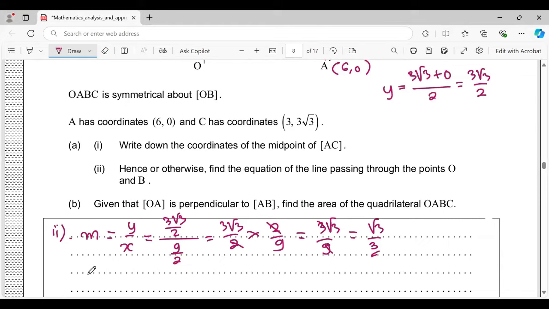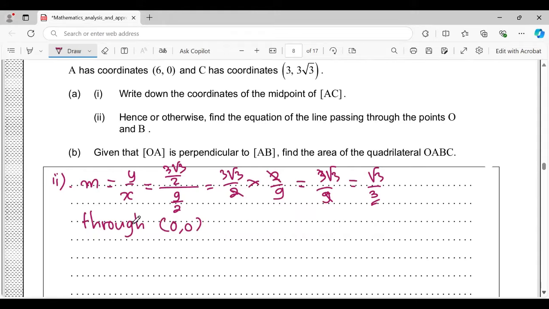And the strike line goes through the origin (0, 0). So we are going to find it through this formula, y minus y1 equals m times (x minus x1).